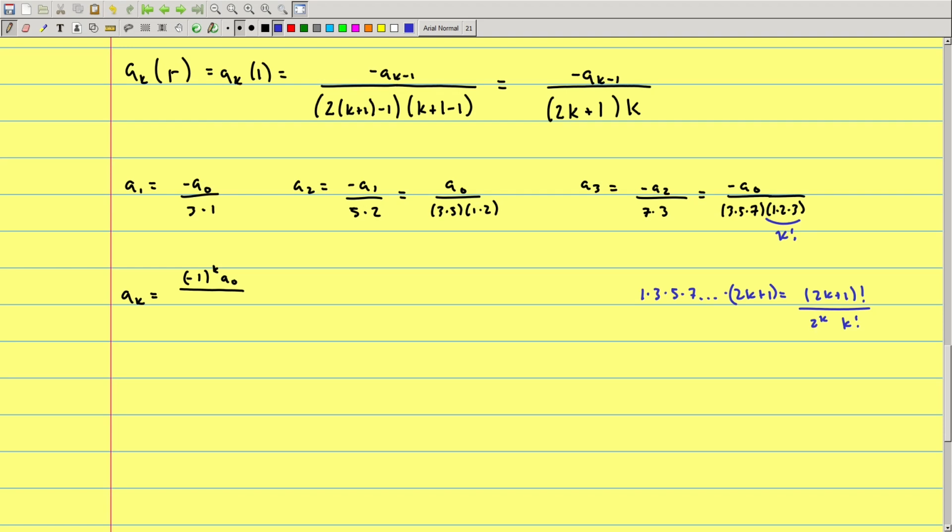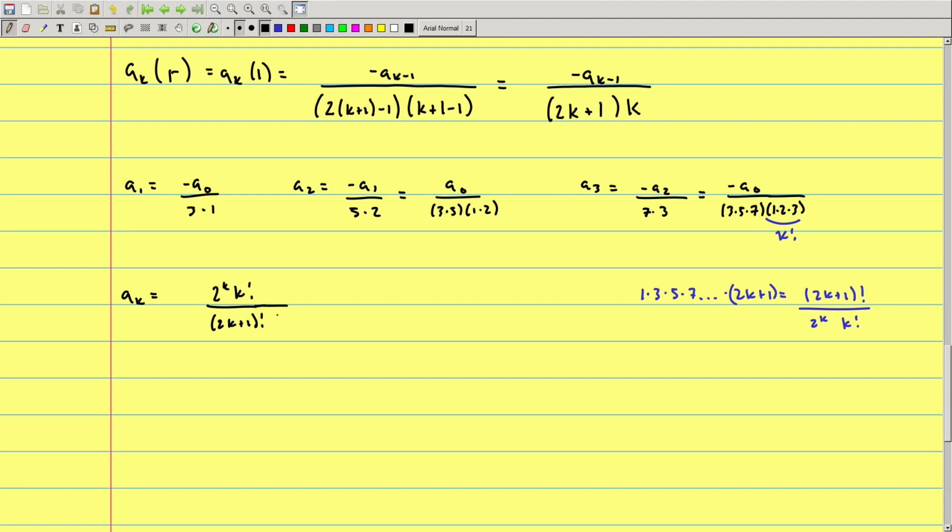But since this is in the denominator, what we end up with is 2 to the k factorial divided by 2k plus 1 factorial. This is for the product of the odd numbers part in the denominator, so that's why I took the reciprocal.